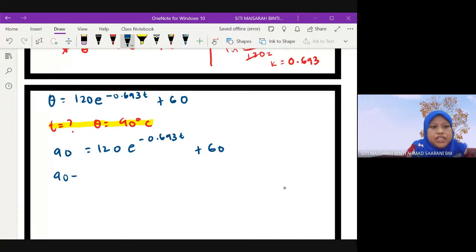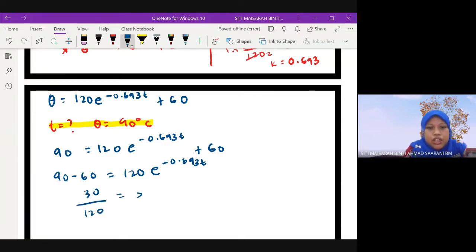We get 90 minus 60 equals 120 E power negative 0.693 T. Then 90 minus 60 is 30, divide 120 equals E to the power negative 0.693 T. This is actually 1 over 4. So to remove E, ln both sides. Then we get ln 1 over 4 equals negative 0.693 T.